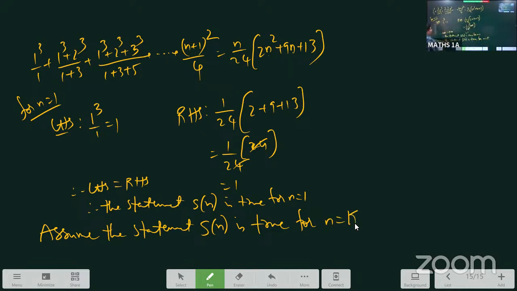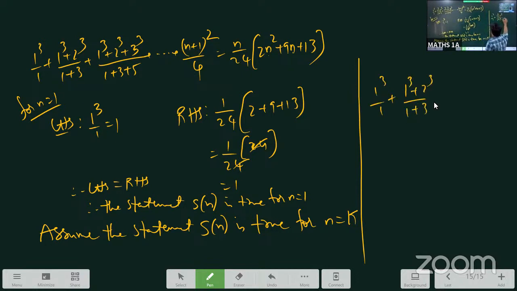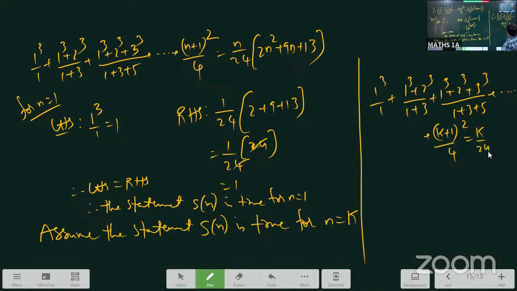Instead of n, you put k. I'm writing that part here. That is 1 cube by 1 plus 1 cube plus 2 cube by 1 plus 3, 1 cube plus 2 cube plus 3 cube by 1 plus 3 plus 5 plus so on plus k plus 1 whole square by 4. That is equal to k by 24.